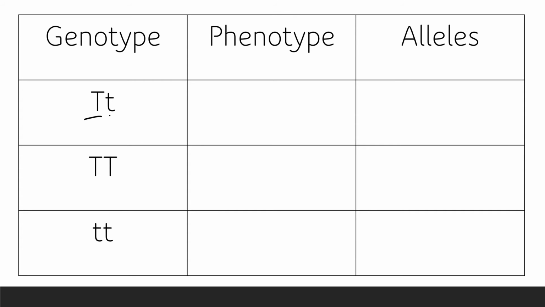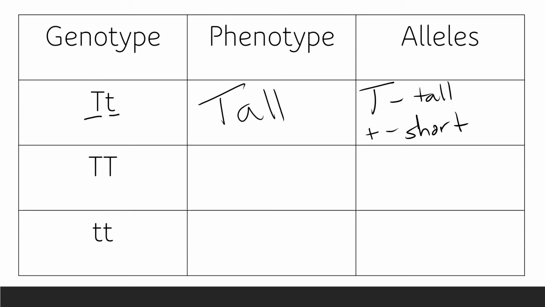It's going to be one tall allele and one short. So our alleles are T for tall, little t for short, but our phenotype here, because there is the big T, is going to be tall, right? So we would call this combination heterozygous.